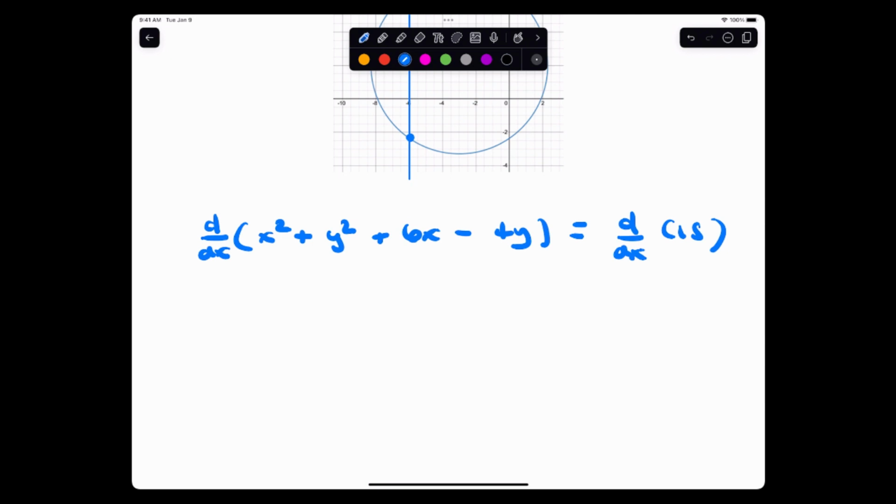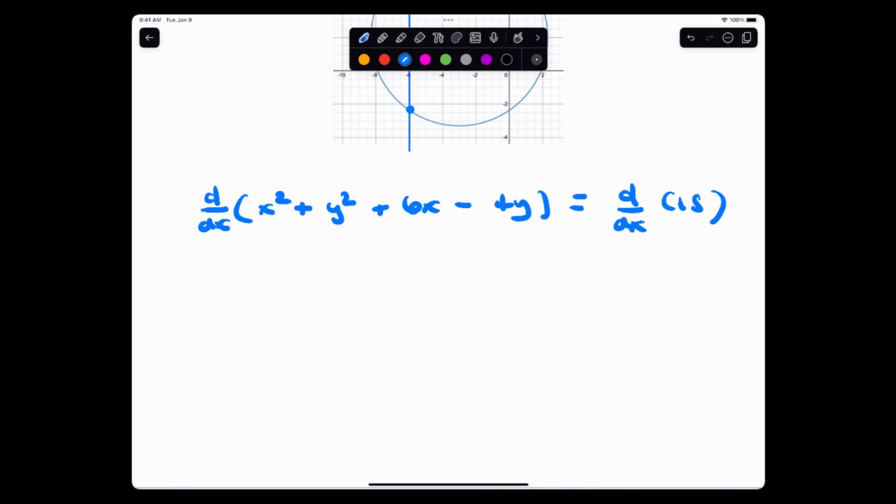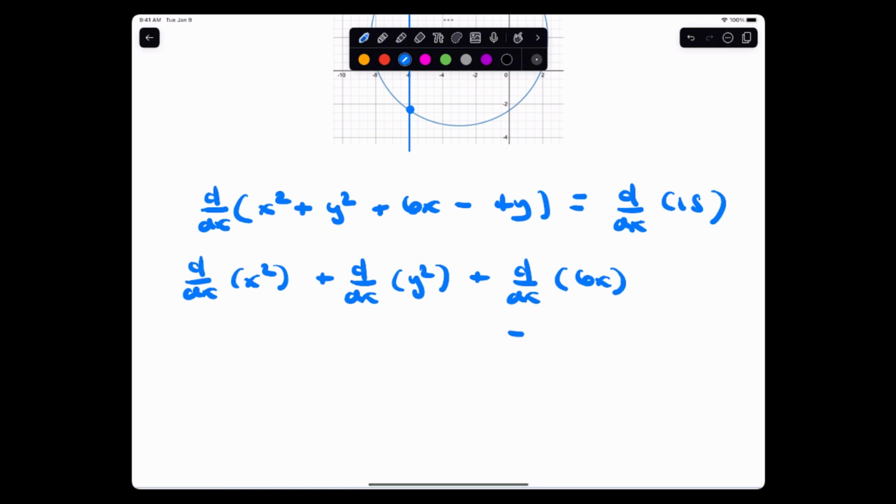Okay, this is step one. You differentiate both sides with respect to x, and you're using operator notation. So on the left side, we have d dx of x squared, d dx of y squared, d dx of 6x, minus d dx of 4y equals d dx of 15 here.